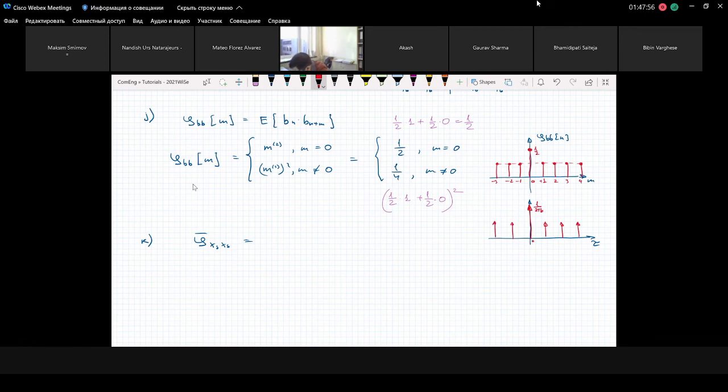So we have 0, TB, 2 TB, and so on. Minus TB, minus 2 TB. And the magnitude at 0 is 1/2 TB. And for all others, we have 1/4 TB. So this is our autocorrelation, psi delta, tau.